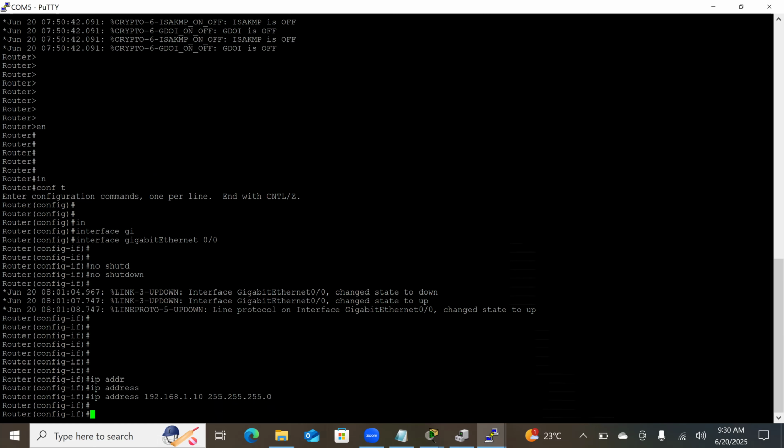Then go to... Both are different. Not 1.10. We just try to ping 1.10. Those are different routers, bro. We gave 1.10 to the bottom one, so now I gave 1.10 to the second one. Different.